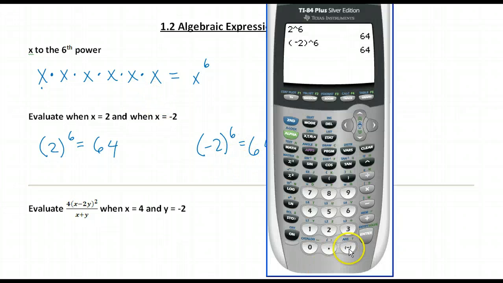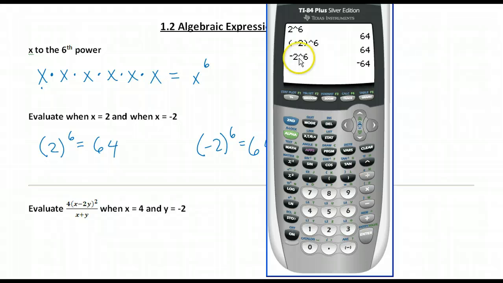Be careful. Many of you will type this into your calculator. When I have this, I really have 2 to the 6th power, which is 64, and then the opposite of that answer. When I don't have negative 2 in parentheses, your calculator will follow the order of operations, which says do exponents first.